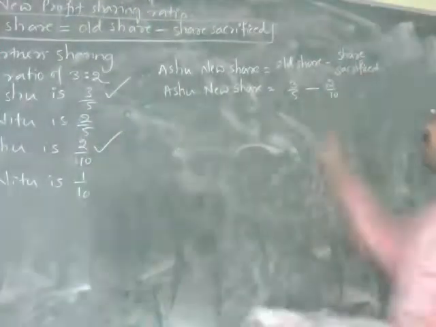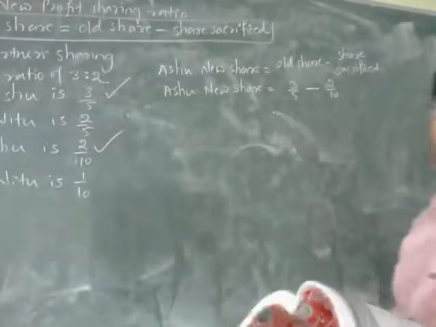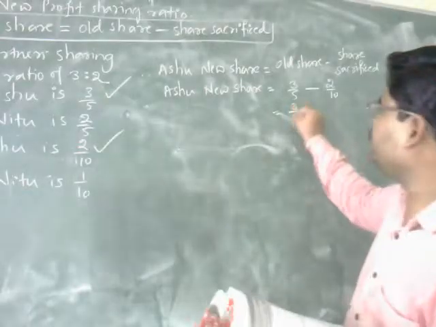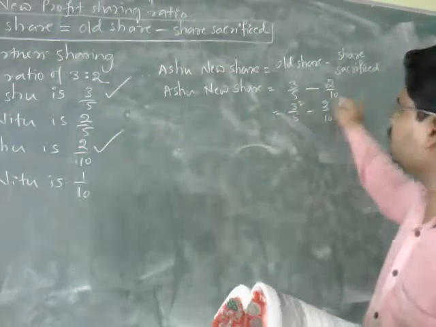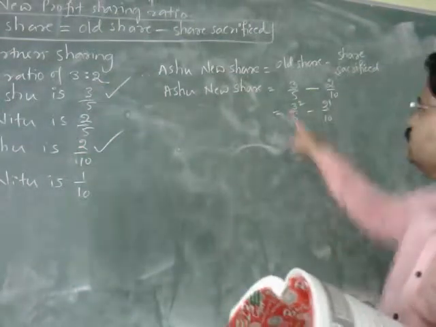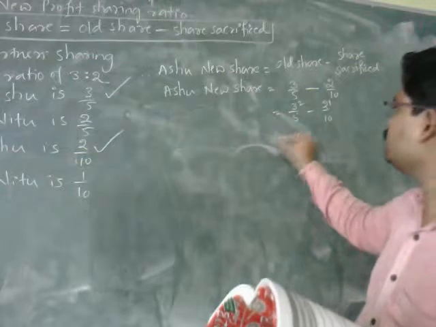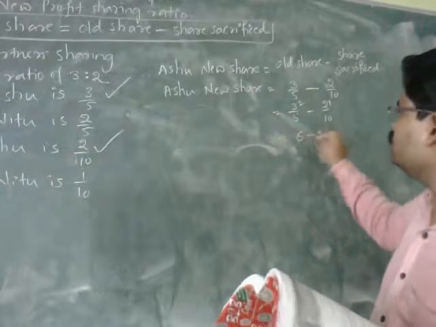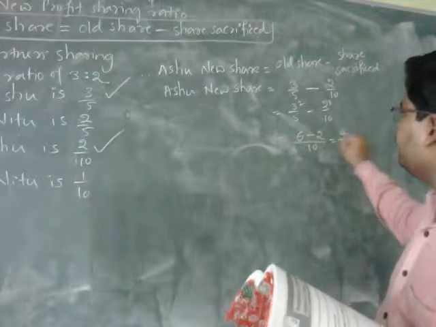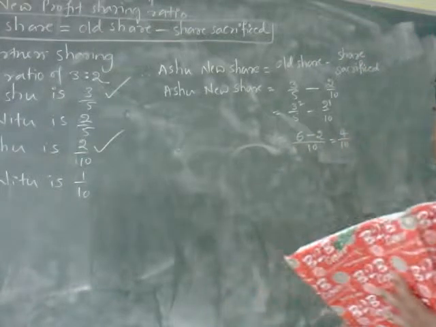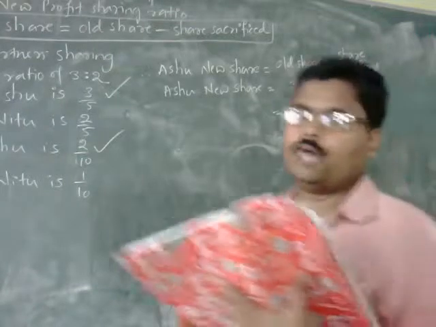The denominator will be 10 only. If I rewrite 3 by 5 minus 2 by 10: 5 2s are 10, 10 1s are 10, 3 2s are 6. 6 minus 2 divided by 10 equals 4 by 10. This is the new share of Ashu.